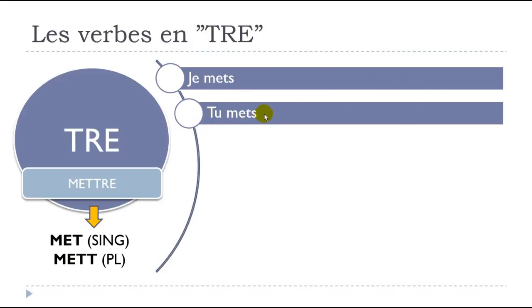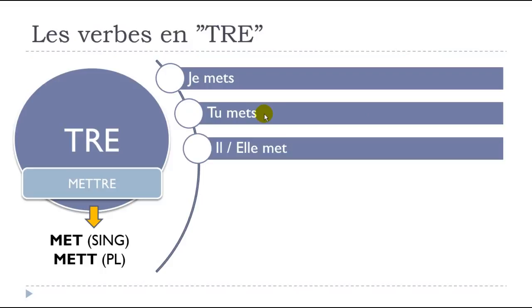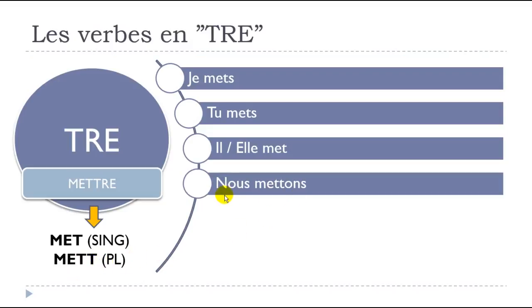Tu mets, il met, elle met. Okay? So now, for the plural form, we should put back this M-E-T-T, and after that we put the ending. This is the reason why we get nous mettons.